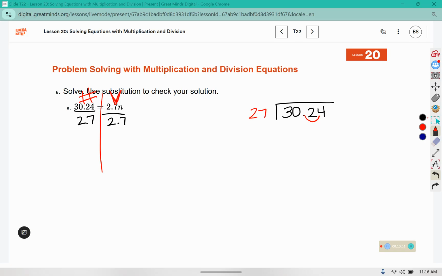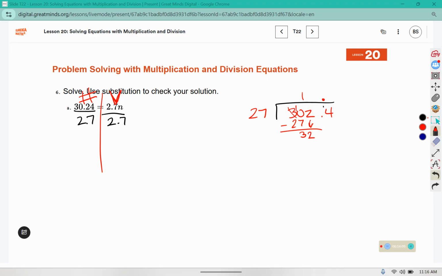and 302.4. So my decimal is going to line up here. 27 fits into 30 one time. That leaves us with 3.